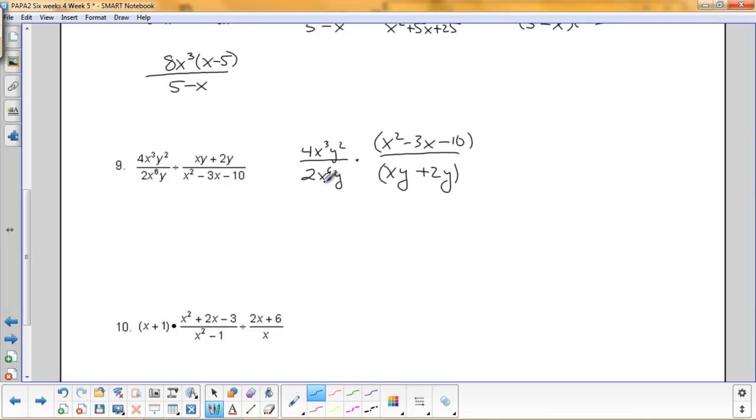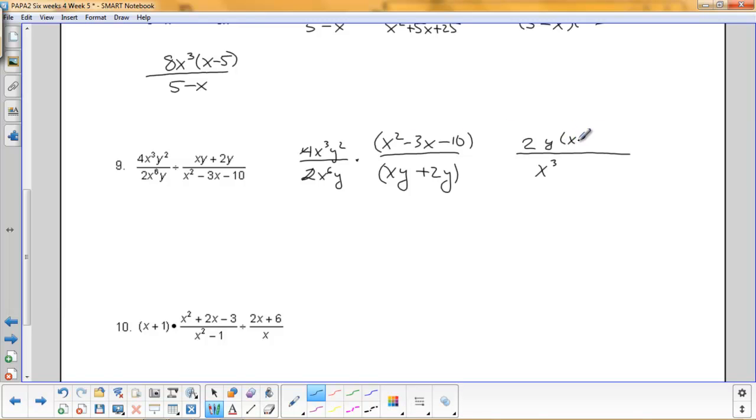So we can simply start here by reducing. 4 over 2 is 2. That's x to the 6 minus 3, which is x to the third power, and y to the 2 minus 1, which is y. The next thing I'm going to do is focus on this trinomial and turn it into two binomials.